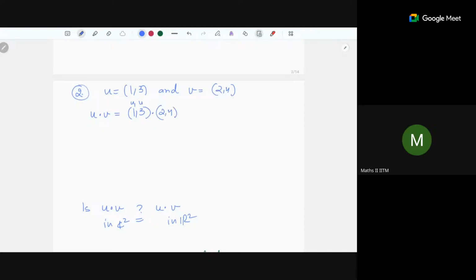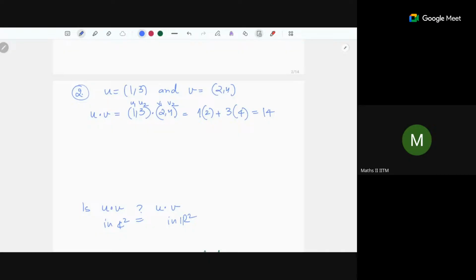This is u1, this is u2, this is v1, this is v2. By definition it is 1 times v1 bar. What is v1 bar in this case? 2. There is no imaginary part, so it is 2 only. Similarly, plus 3 times v2 bar, which is 4. So this is nothing but 14.